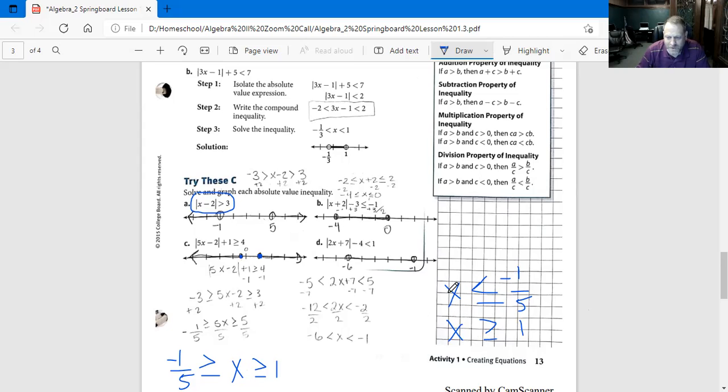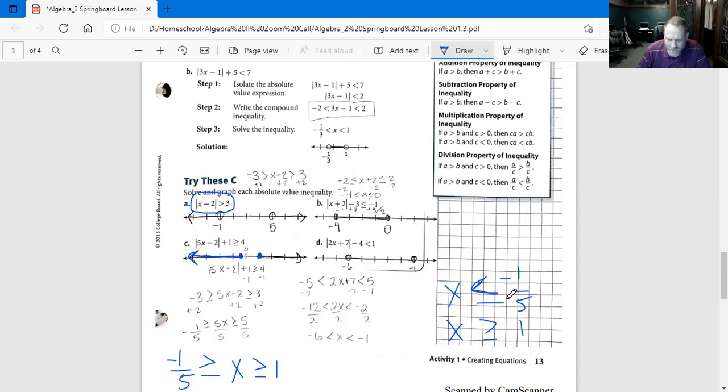So let's see, we're looking at negative 1/5. So x is less than, so we're looking at x, pretend x is your 0. So we're on the less than side, right? At the negative 1/5, and look at the way the arrow goes here.